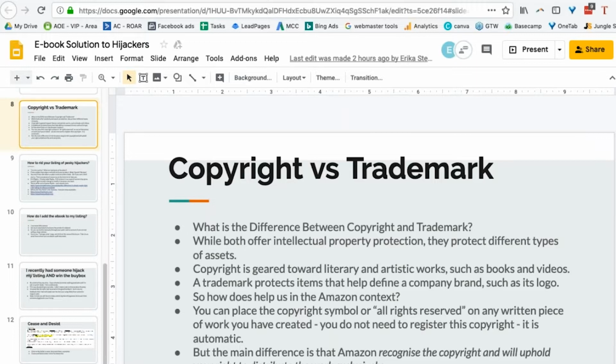You don't need to register that copyright anywhere. It's automatic, and basically Amazon will act on copyright infringements as well as trademark infringements. You've got to kind of get your head around the difference between those two. Copyright, written; trademark, physical product generally, or a logo, that sort of thing. Go to the next one, Neil, please.